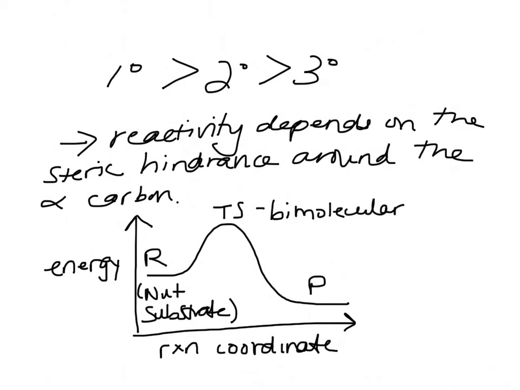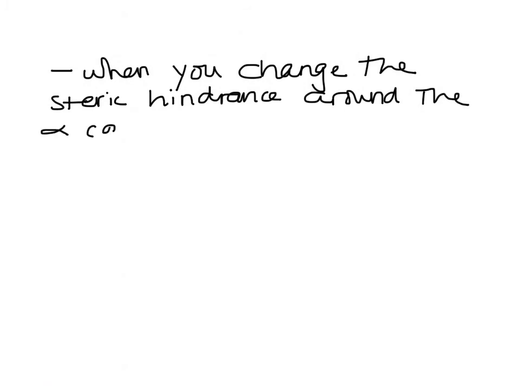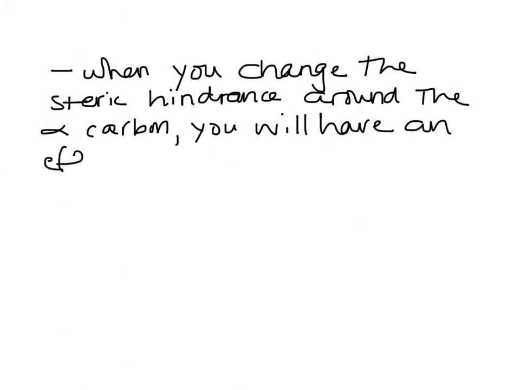And then we have our products. When you change the steric hindrance around the alpha carbon, you will have an effect on the energy of the transition state.